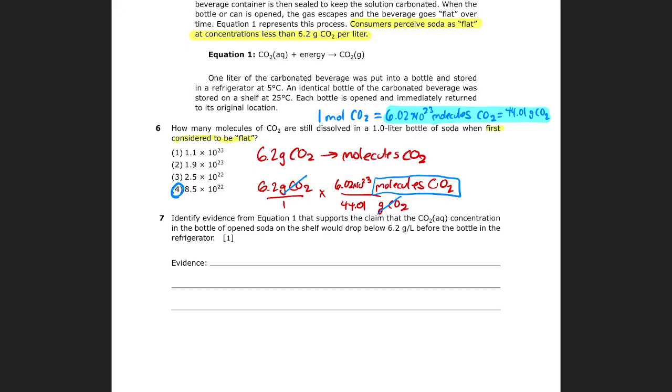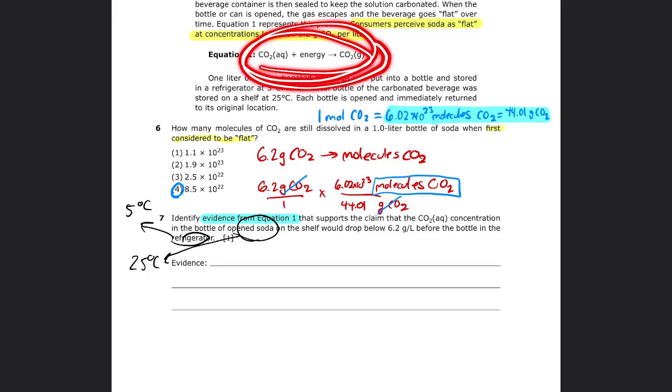Specifically, this question is asking us to identify evidence from equation 1 that supports the claim that the CO2 concentration in the bottle of open soda would drop below the one in the refrigerator. What we need to know here is that the open soda is stored at 25 degrees Celsius and that the soda in the refrigerator is stored at 5 degrees Celsius. This is a Le Chatelier's principle question. If we look at this equation, notice the CO2 aqueous, that's the dissolved CO2 in the soda, plus energy.